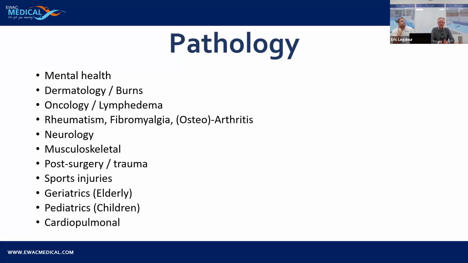So here I'm talking about people suffering from knee pain, hip pain, basically pain in their whole musculoskeletal system. Post-surgery trauma, sports injury, geriatrics. I already referred to that a little bit when I was talking about mental health. Pediatrics. Yeah, it's always nice to see a child with some kind of a problem in the pool, because immediately they start to smile and being in the water is just fun for them as well.